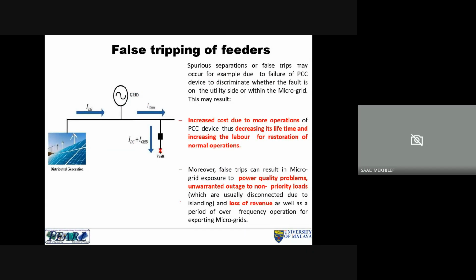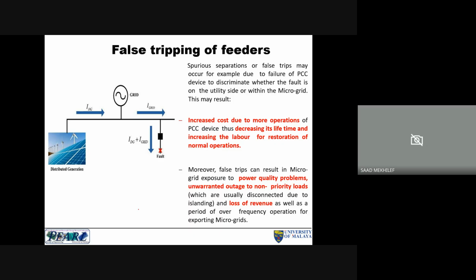The other issue in microgrid protection is the false tripping of the feeders. It may occur, for example, due to the failure of the PCC, the point of common coupling, device, whether the fault is on the utility side or on the microgrid side. This may result in increased cost due to more operation of the PCC, decreasing its lifetime, and increasing maintenance costs.